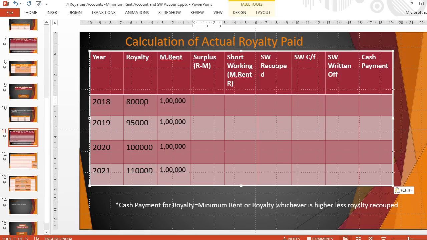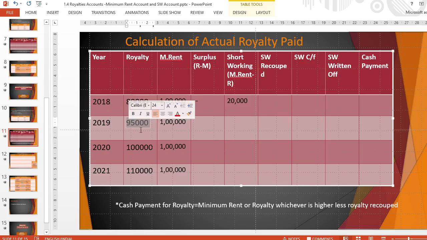So here royalty is lesser than the minimum rent, so surplus is nil, but short working is 20,000. And in the second year, royalty minus minimum rent, again royalty is lower at 95,000, so surplus is nil, but short working 5,000.